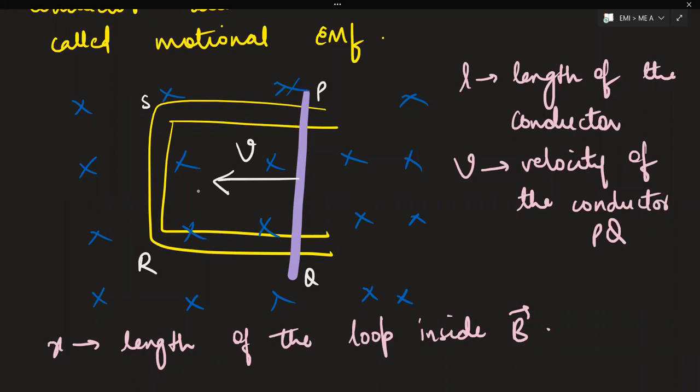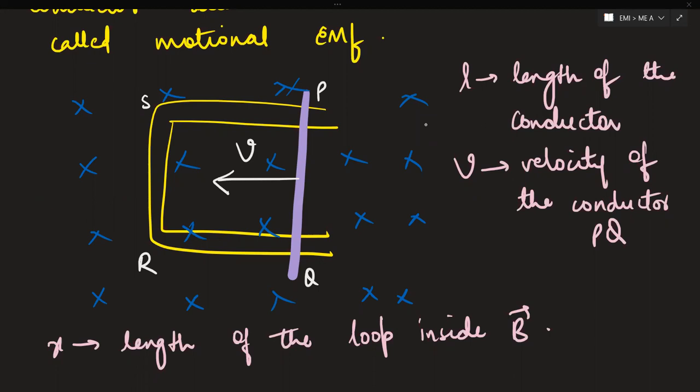As soon as there's a change in flux, which quantity gets induced? EMF and current? Both of these, induced current is there and induced EMF is there. Now, since this EMF is continuously in motion, we call it motional EMF. Motional EMF is nothing new. EMF you already know, all the properties of EMF you are aware of.